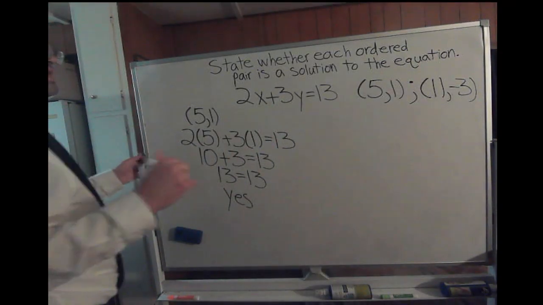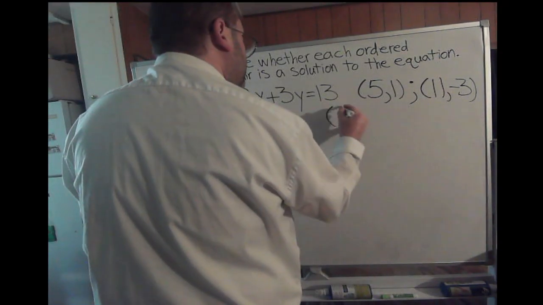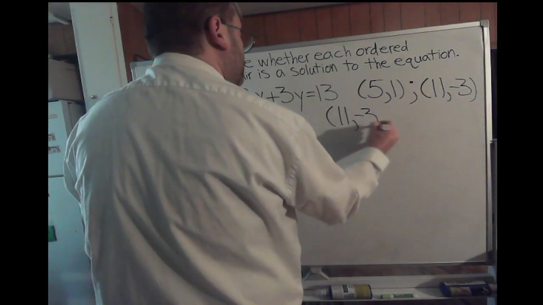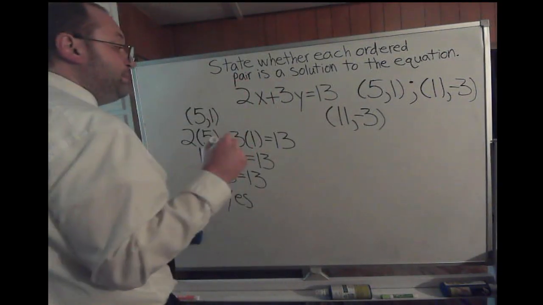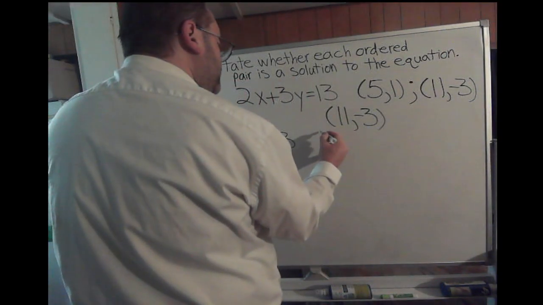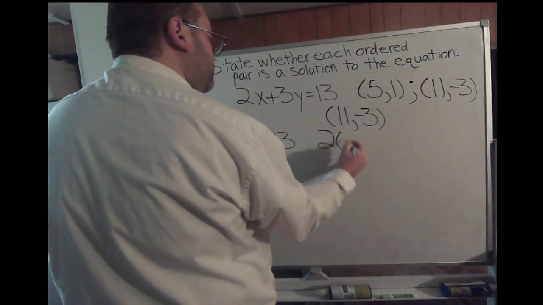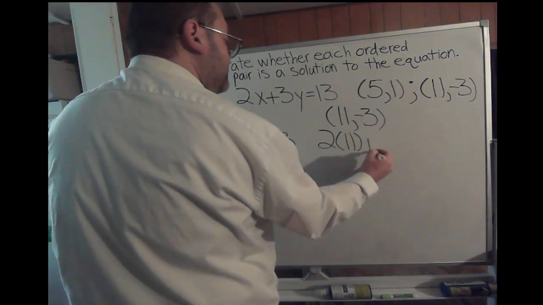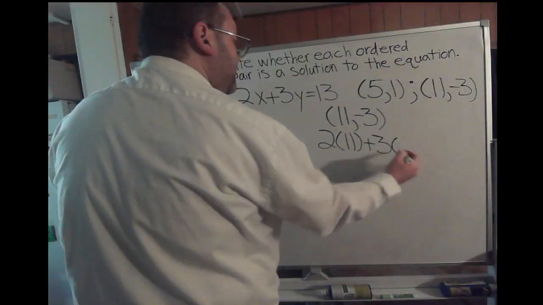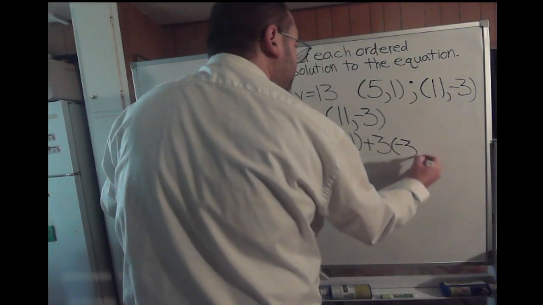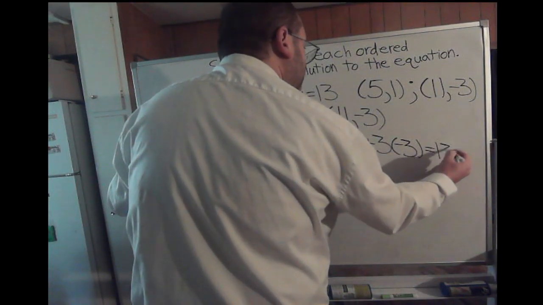Now the other question is, does 11, negative 3 work as a solution, or is it on the line? Again, take your 2 times your x coordinate of 11 plus 3 times your y coordinate of negative 3, set that equal to 13.